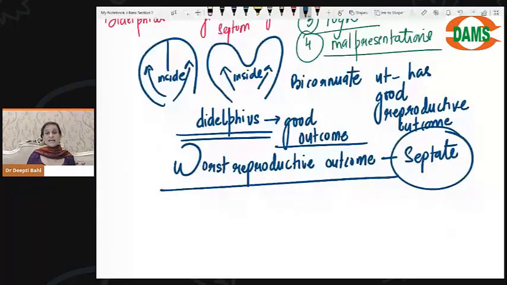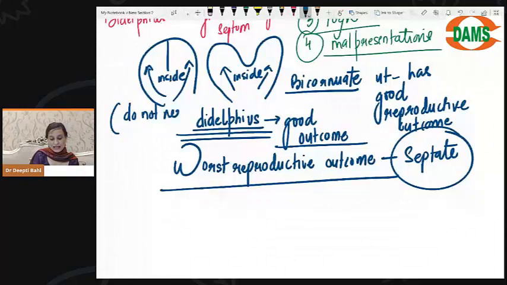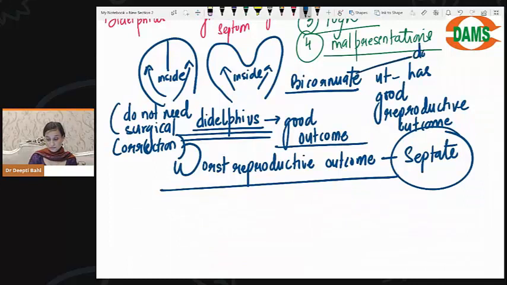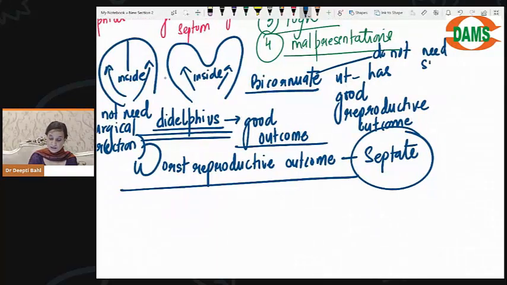The answer is no. Because they have good outcomes, they generally do not need surgical correction. In some cases they may need, but generally do not.